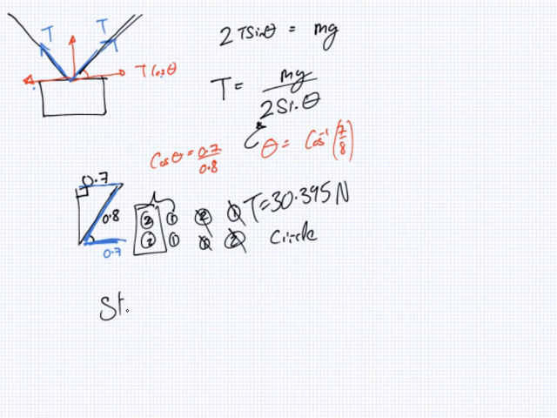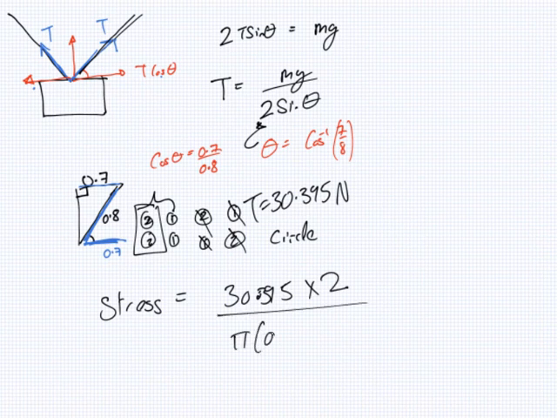So the stress is 30.395 times 2 over pi r squared times 2. Can you see why I said it didn't matter if it's 1 and 1 or 2 and 2? Because I can cancel the 2's anyways.